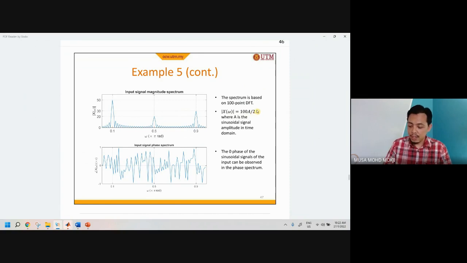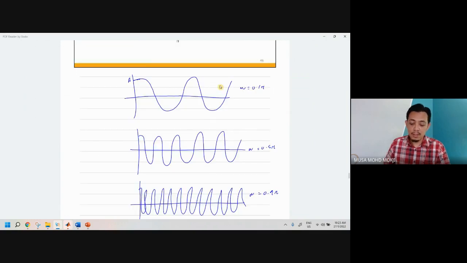So then you can have A. This is actually equals to that X omega times 2 divided by 100. Okay, so if this is a 50, then 50 times 2 is 100, then divide by 100, so it becomes 1. So actually amplitude equals to 1.